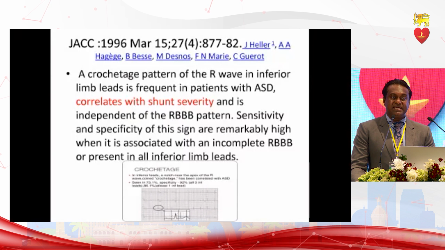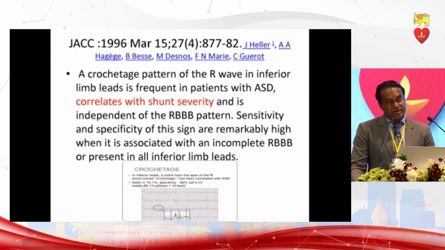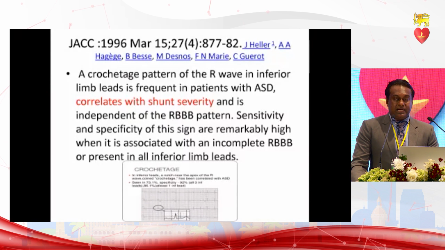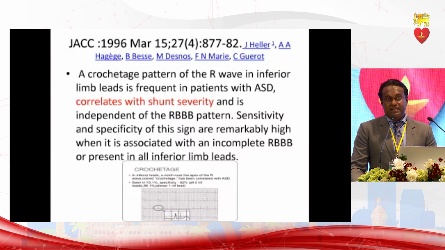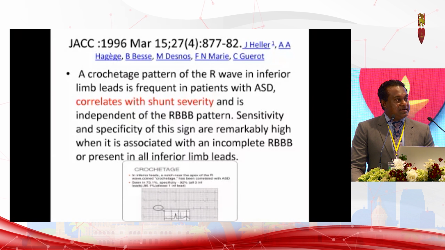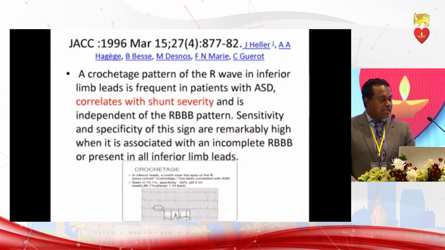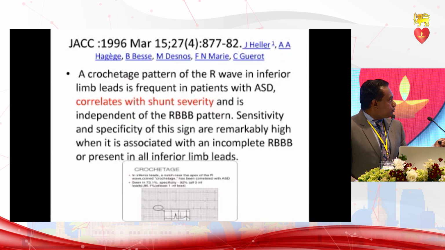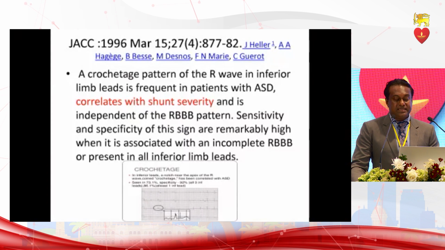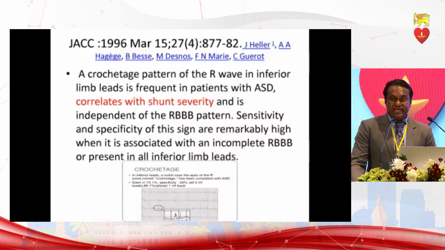Some of these patients with ASDs might not have a full right bundle. Sensitivity and specificity increase as a result of this particular intraventricular conduction delay. And so it's supposed to be fairly sensitive and specific for patients with ASD.